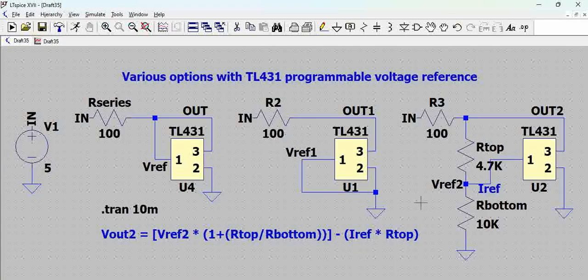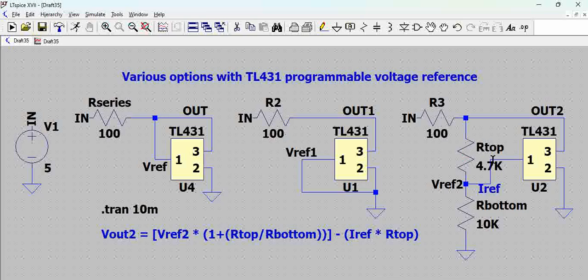Now when we look at the third circuit: the first circuit generates an output voltage the same as Vref, and the second circuit generates a stable output voltage the same as the input voltage. The third one is similar to the 7805 example we talked about before, where we generate an output voltage by varying the VREF provided to the internal op amp or the reference pin, and by varying the resistor values, we can change the output voltage.